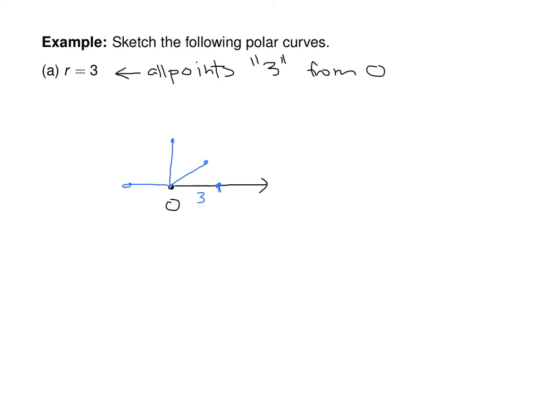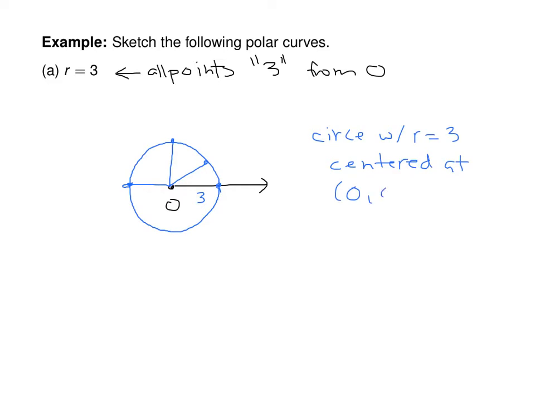Pretend like I can actually draw, and that's actually 3 units out. Then 3 units out, etc. So this will be a circle with r equals 3 centered at the origin 0, 0.